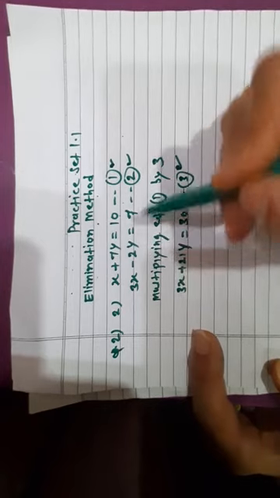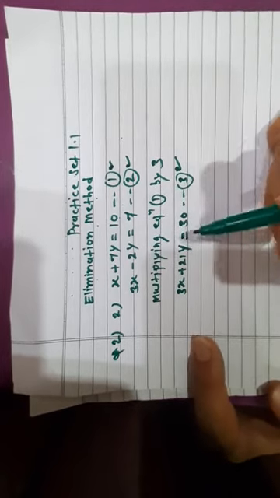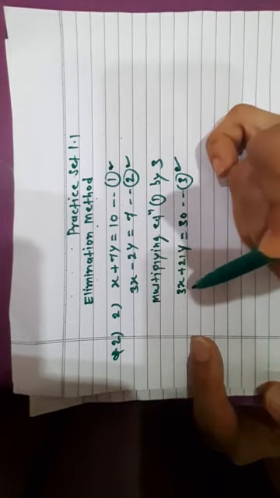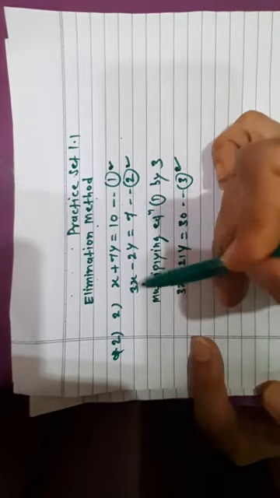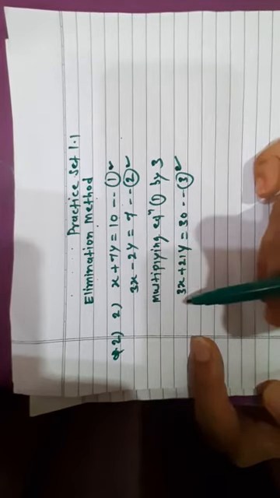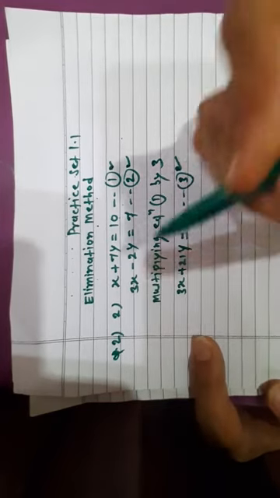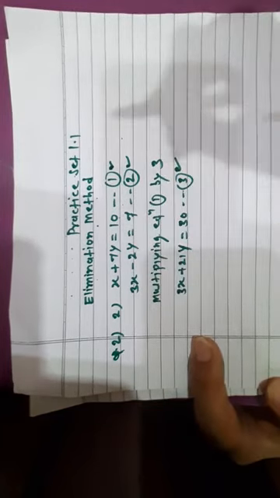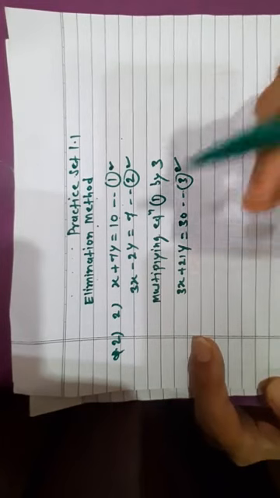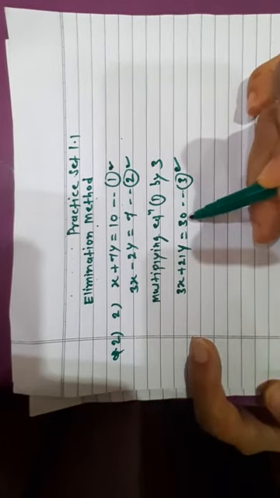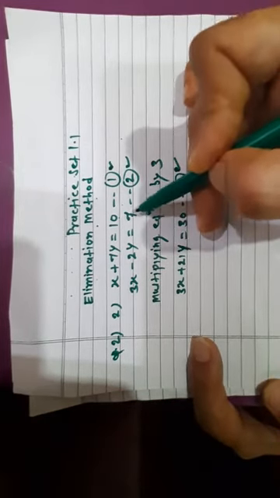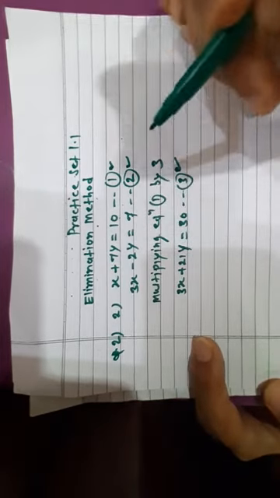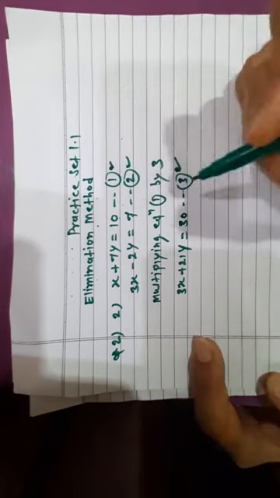Now observe these two equations. Here the coefficient of the variable x is 3 and here also 3. The signs of the variables are the same, plus and plus. So to cancel these variables, we have to take the subtraction. Here the constant term is 30 and here the constant term is 7. Since 30 is larger than 7, we subtract equation 2 from equation 3.